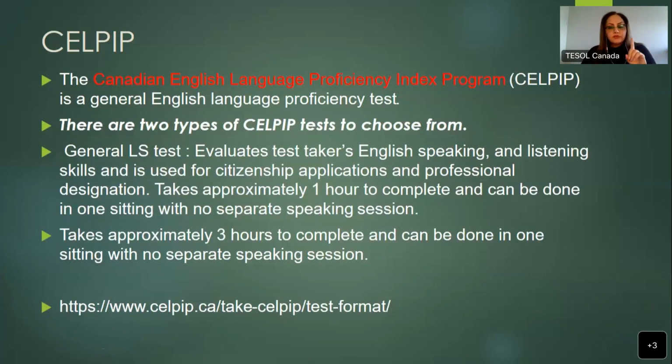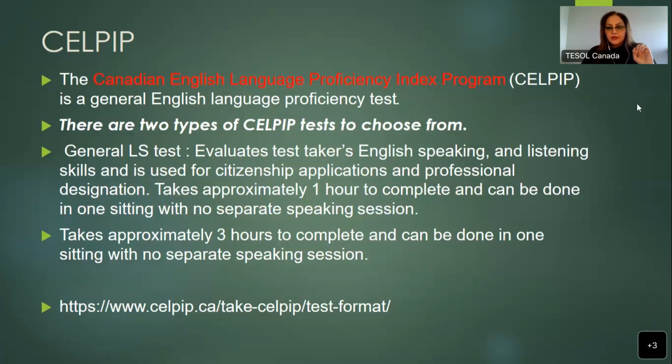It takes only 1 hour to complete, and you take the listening and speaking in one sitting, no separate speaking sessions. But the other one, you have to take all skills, and it takes about 3 hours.